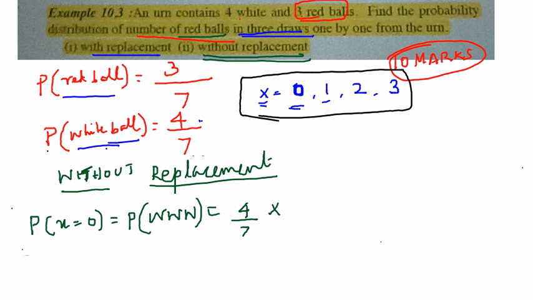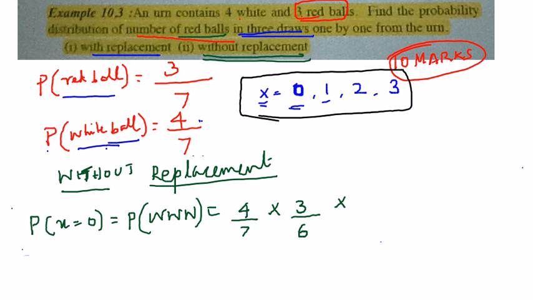Now we are doing without replacement, meaning that I'm not going to put that ball back into the urn. So earlier there were 7 balls from which I picked one, but now I have already taken one, so there are only 6 balls left, right? And even in that 6 I've already taken a white ball, so the number of white balls reduces also, right?